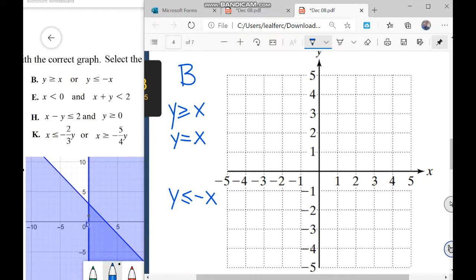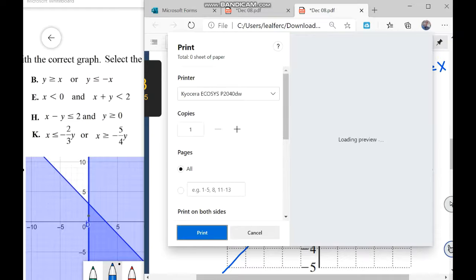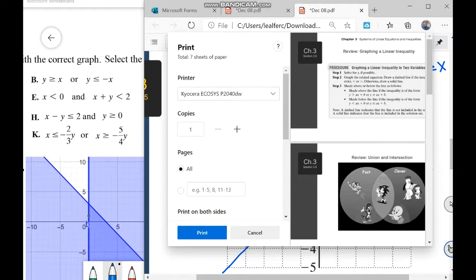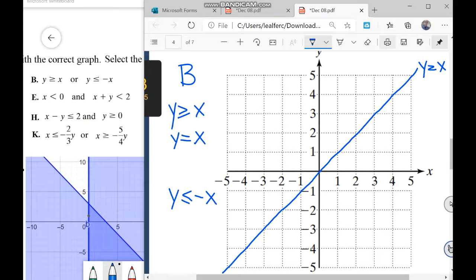And y equals x, we have seen before, is this line right here that crosses the rectangular coordinate system in an angle of 45 degrees from the top to the bottom, dividing it in 2. Okay, this is y equals x. The other one is going to be, the other related equation, y equals negative x.